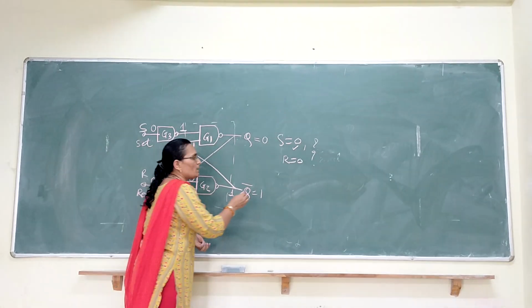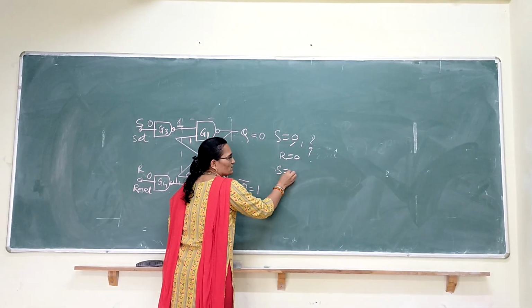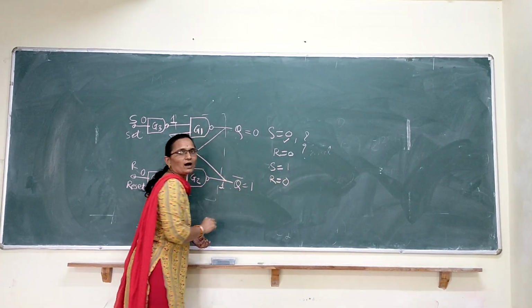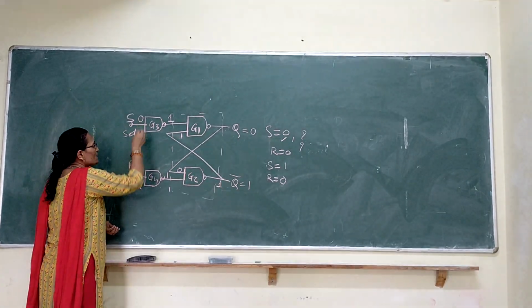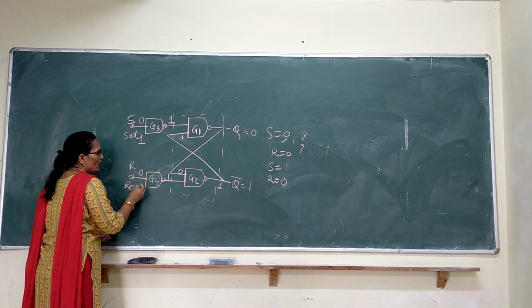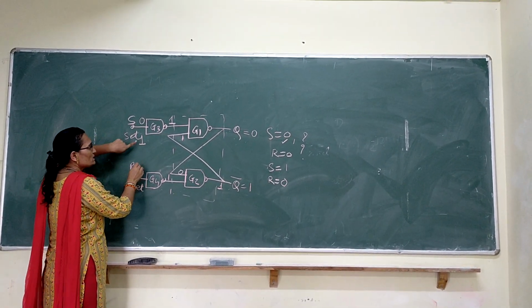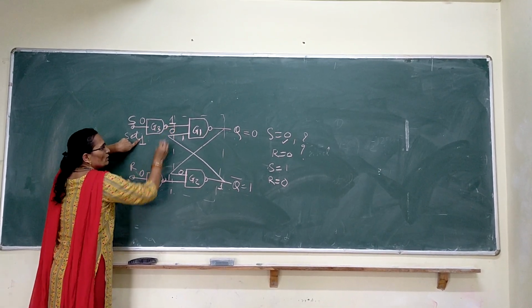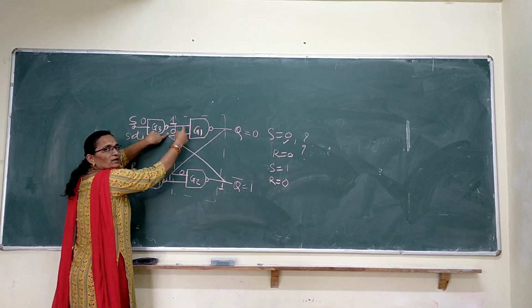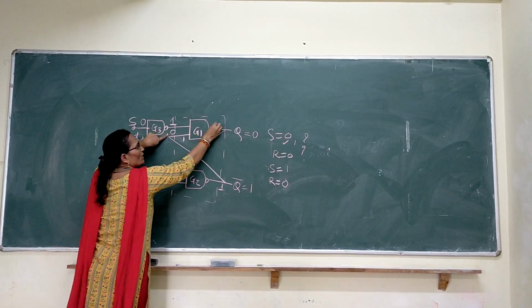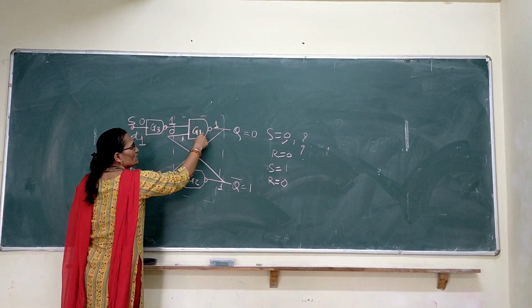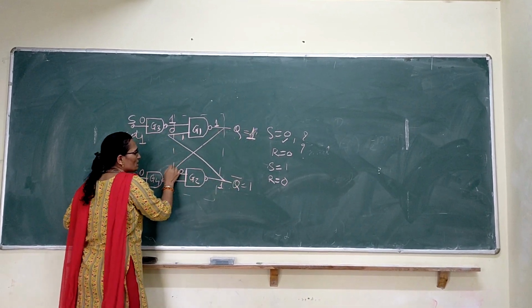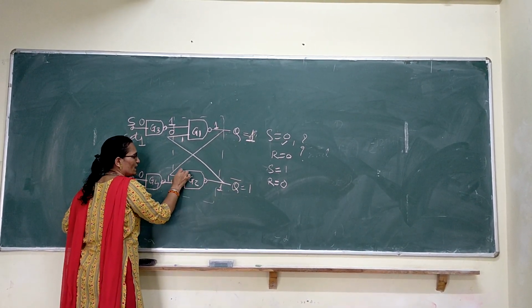Now we take the next condition: S is 1 and R is 0. S is 1 means the output of this NAND gate is 0, and we know that if one of the inputs of a NAND gate is 0, the output is 1. So the output of G1 is 1, which means Q is 1. This 1 comes back here as an input for this gate.